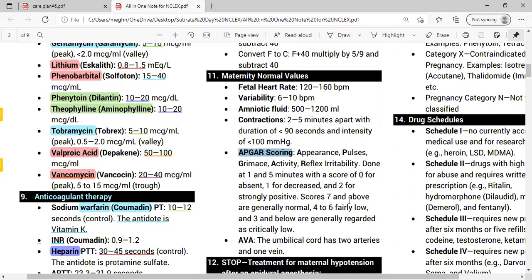A score of 7 and above is generally normal, 4 to 6 is fairly low, and 3 or below is generally regarded as critically low.